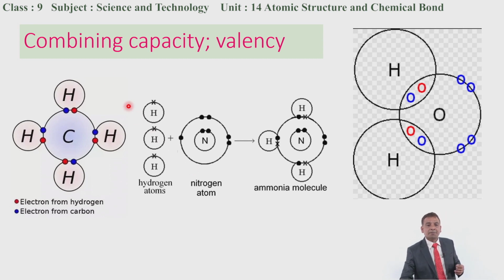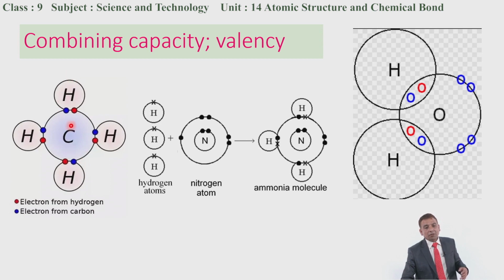Similarly, as we discussed in the immediately preceding slide, where electrons were lost, here we are taking more examples, starting with the carbon atom. Carbon has 4 electrons in the valence shell; the red balls indicate the electrons of carbon, so altogether there are 1, 2, 3 and 4.